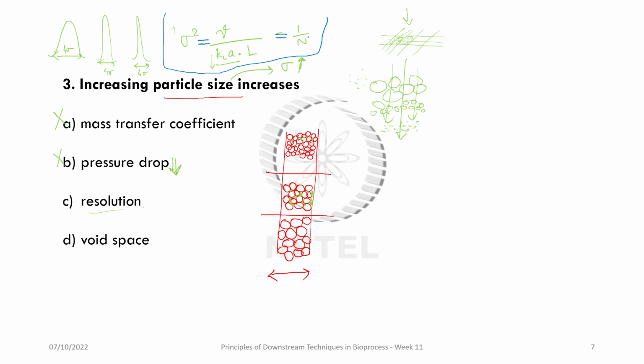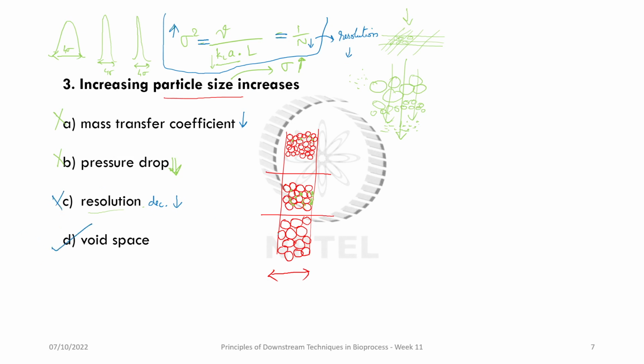An increase in theoretical plates gives you more resolution. But if sigma square increases with increase in particle size, then n decreases. When n decreases, resolution decreases. So C cannot be your solution.